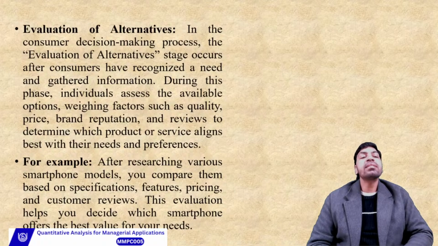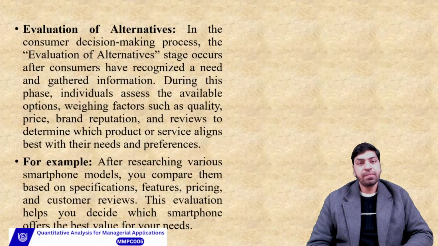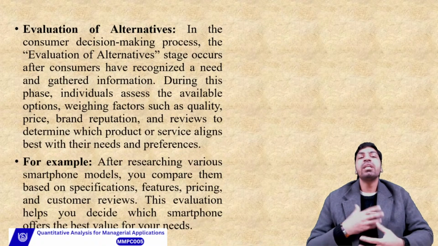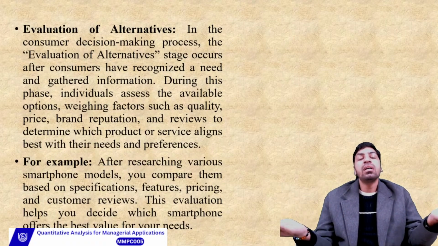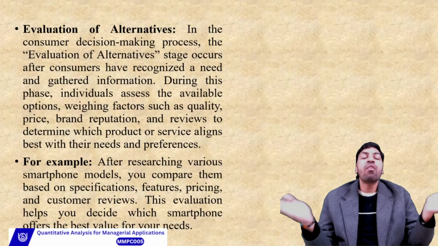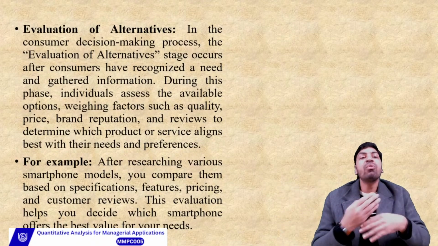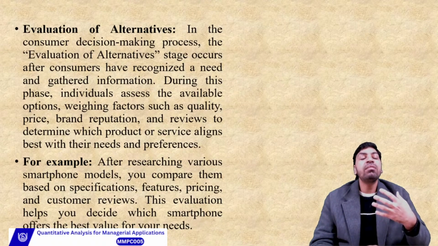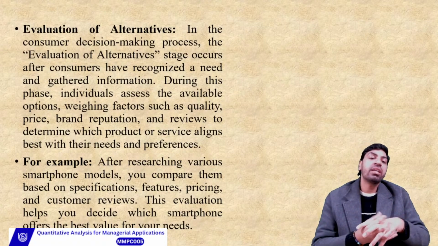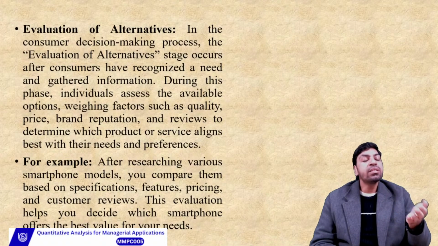The next step, the third step of the consumer buying process, is the evaluation of alternatives. Once the information has been searched and you have plenty of information, from that information you evaluate the alternatives. You find the options available from the gathered information.